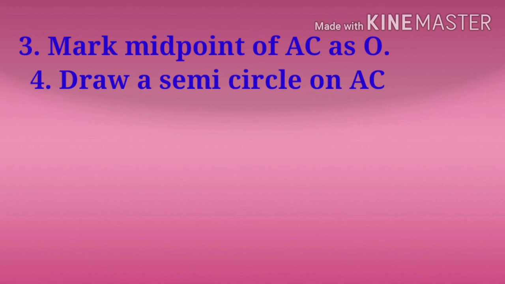So third step, you have to find the midpoint of AC. What is the length of AC? 6.3 plus 1, 7.3. Here you have to find the midpoint of AC and mark it as O, which means the distance from O to C and O to A are equal. Now you can take your compass and draw a semicircle.